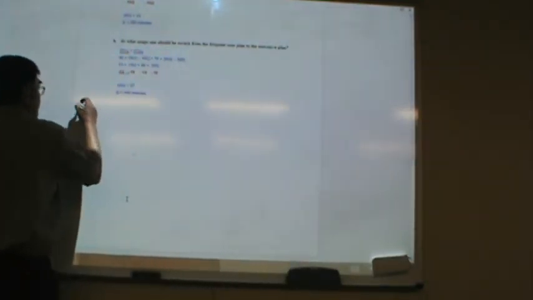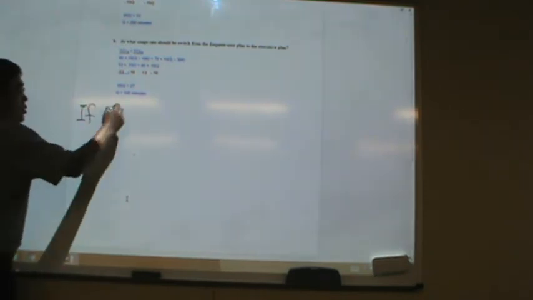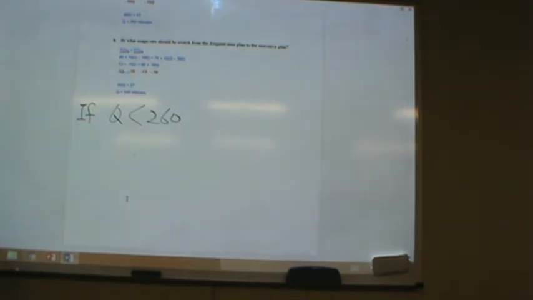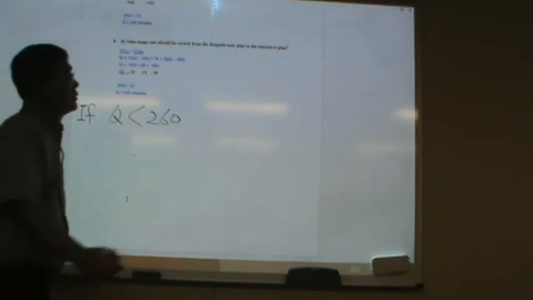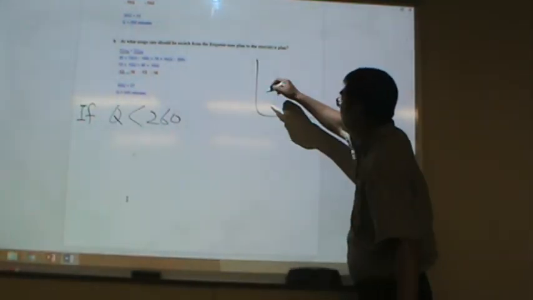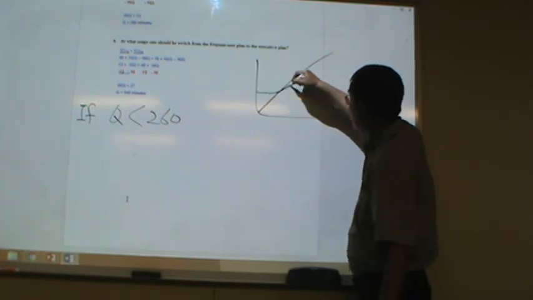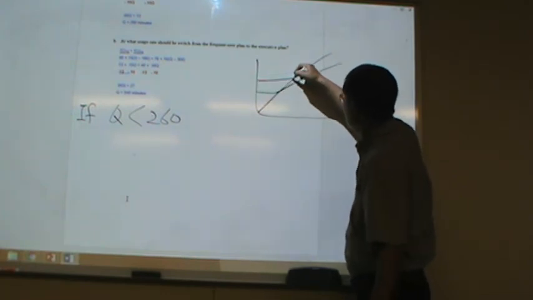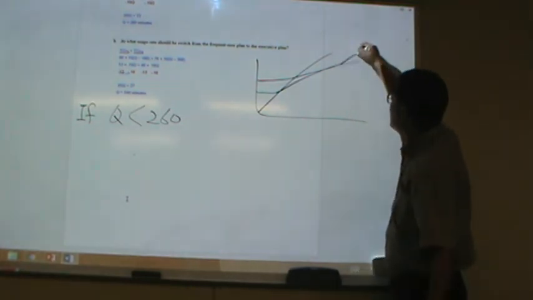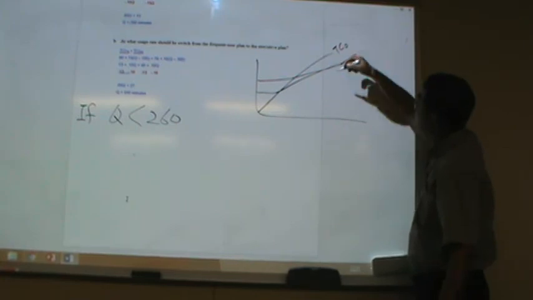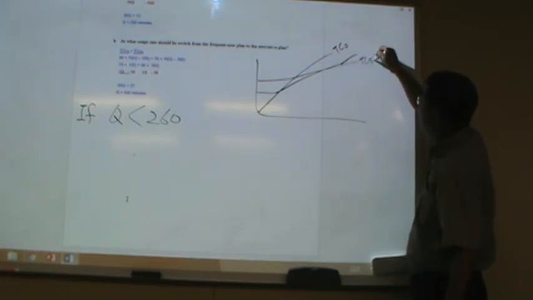If Q is less than 260, this one like this. So TCO, TCF, TCE.